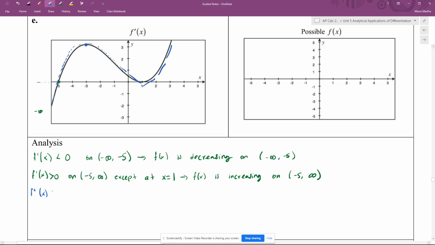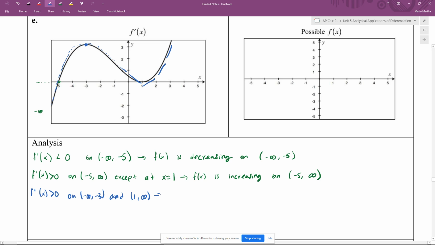So we're going to say it's greater than 0 on the interval from negative infinity to negative 3. And also, because it keeps increasing, it decreases from negative 3 to positive 1, and then it starts to increase after 1, so on 1 to positive infinity.